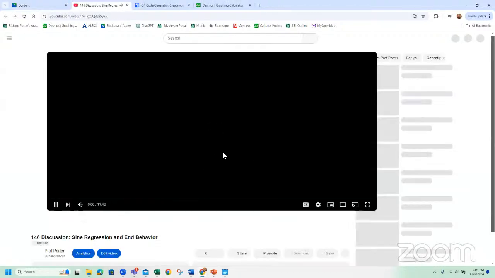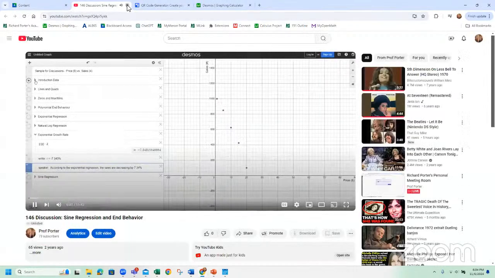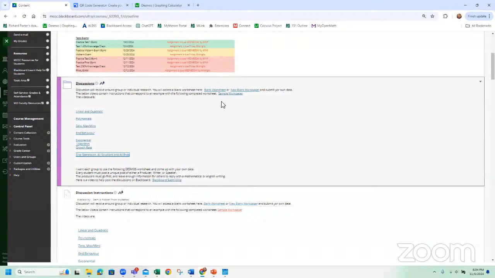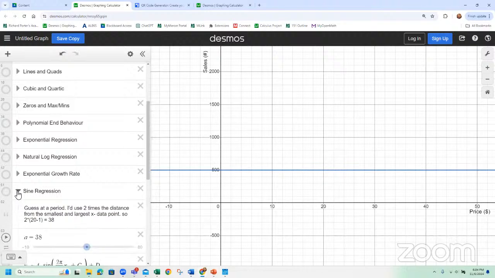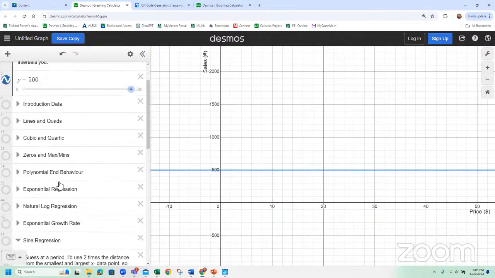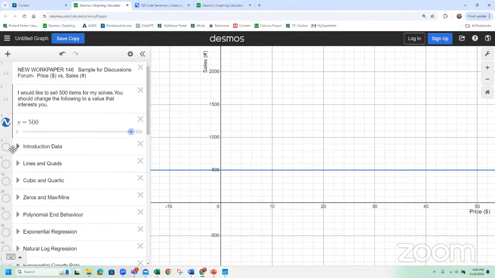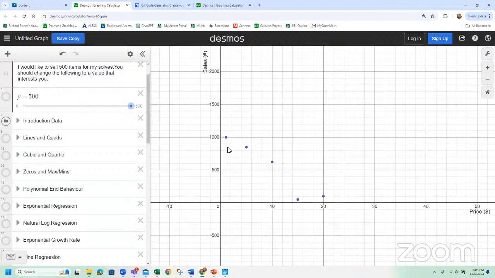So you'll see we only have one sine regression sample, even though we're going to make 2 classes out of it, I believe. So if you look at our data, there's our data. We're not doing an evaluate, so you can turn that line off. So you can see these dots kind of make a curvy thing.